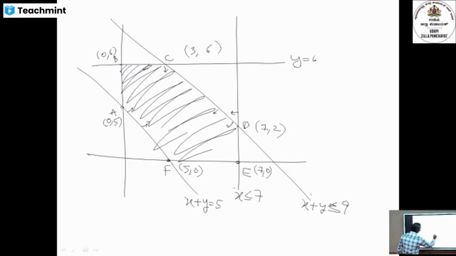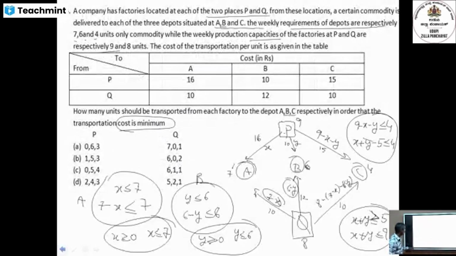So in this solution region, you have to substitute the points into the objective function. So what is the objective function? Cost is minimum. What is the cost?